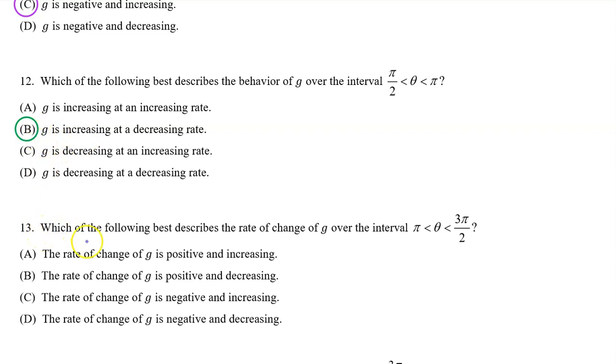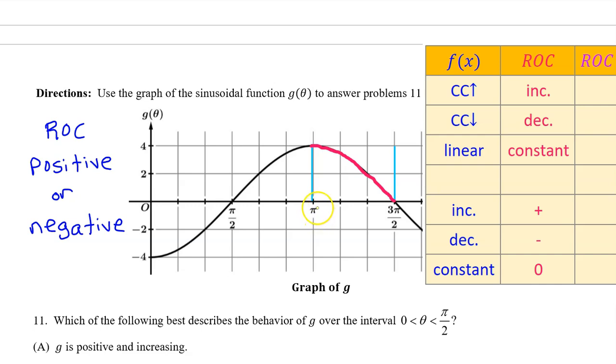Number 13. Which of the following best describes the rate of change of g over the interval from pi to 3 pi over 2? Is the rate of change of g positive or negative? And is the rate of change of g increasing or decreasing? I have highlighted the interval from pi to 3 pi over 2.